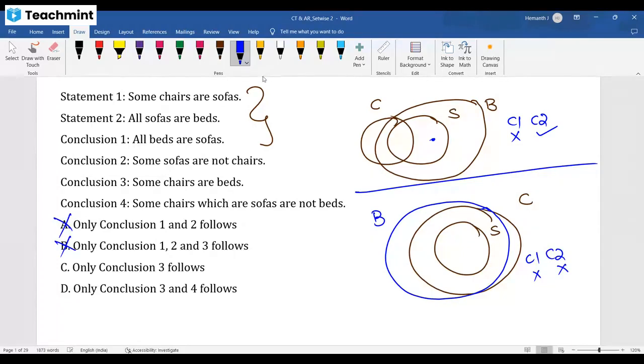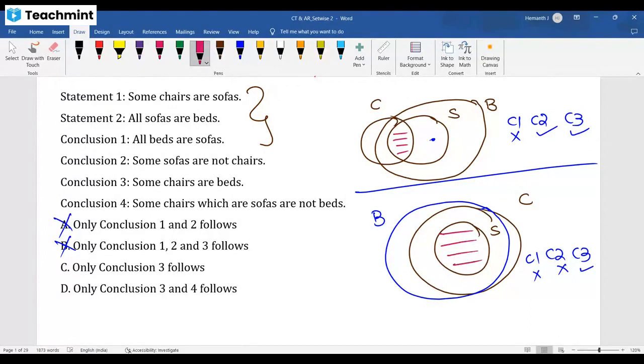First one, second one not required. Now think about third one, it definitely follows. Third one, some part of shades are beds, correct? Fourth one, some chairs which are sofas are not beds. Chairs which are sofas, this area, are not beds? No, they are beds only. The part which is in sofas is in beds only.